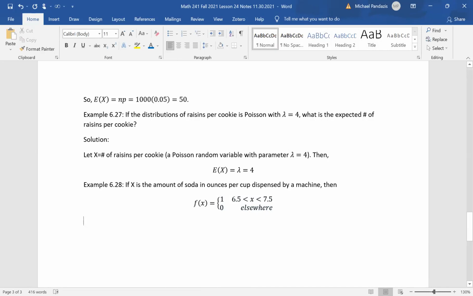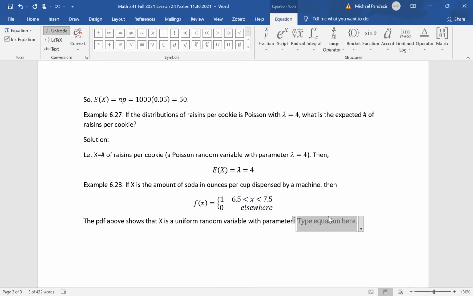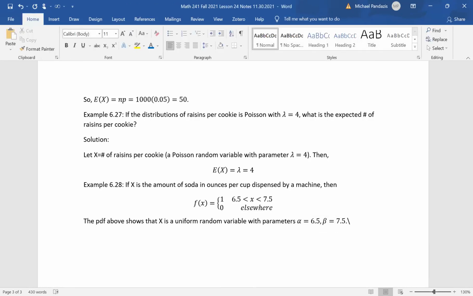Okay, so the PDF above shows that x is a uniform random variable, right? Because our PDF here has the form of a uniform random variable PDF with parameters alpha, which is equal to the smaller one, 6.5, and beta equal to the larger one, 7.5. Okay, so we have a uniform random variable with those two parameters.